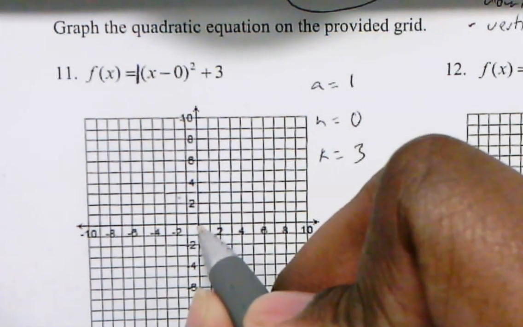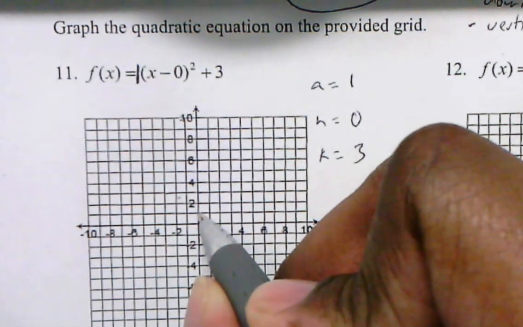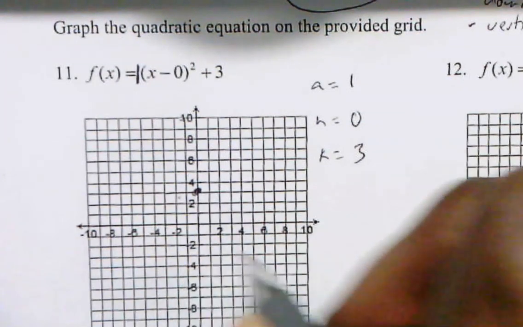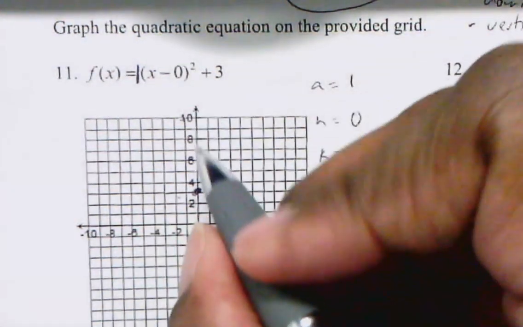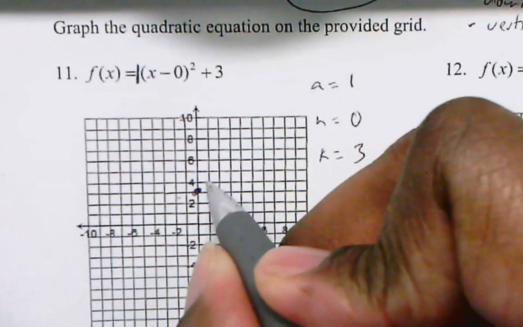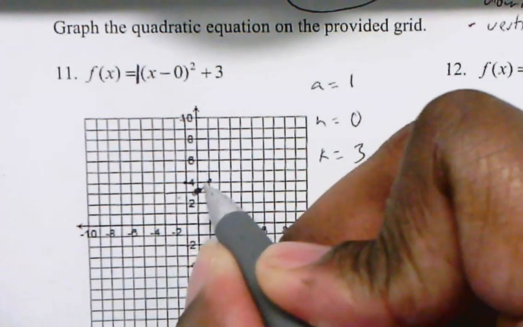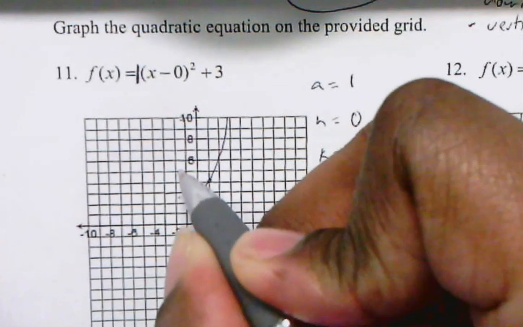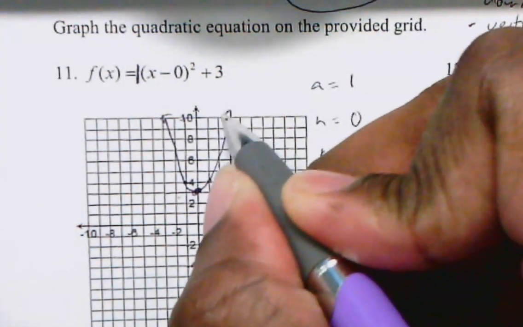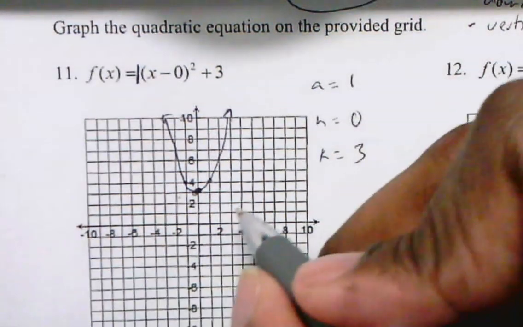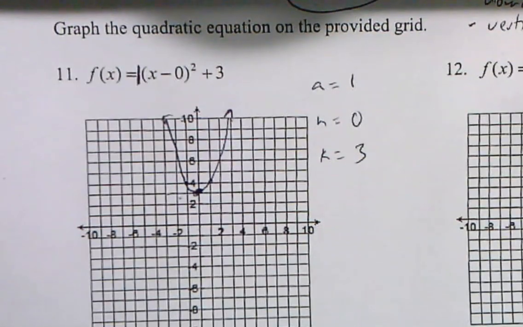So I'm going to go up 3: 1, 2, 3. And that's the vertex. Since A is 1, I'm going to go over 1 and up 1, over 1 then up 1. And truthfully, that's enough points to know the general shape of that parabola. Looks something like that. I can use more points, but that's good enough.